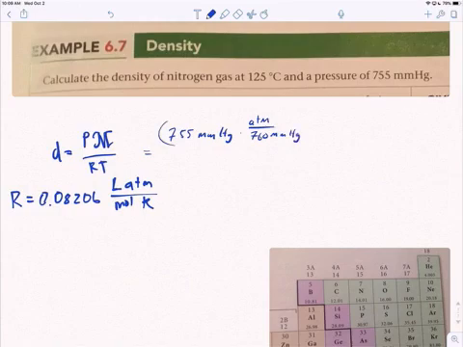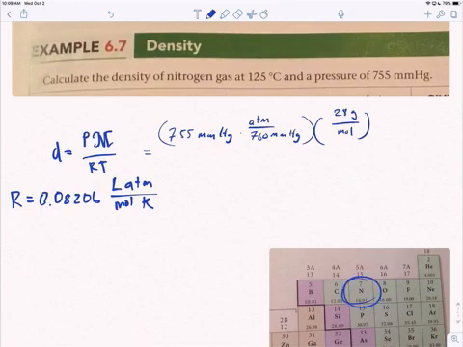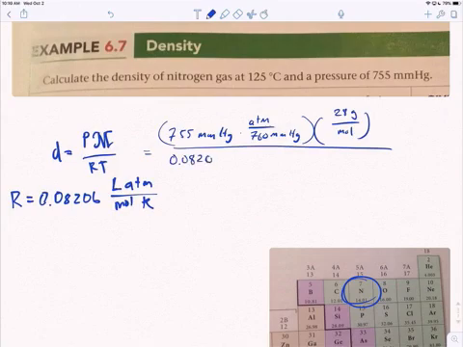So there's the pressure. Molecular weight of nitrogen is 28 grams per mole, and I'm getting that from over here on the periodic table. And then R, 0.08206 liter atmosphere over mole Kelvin times temperature.